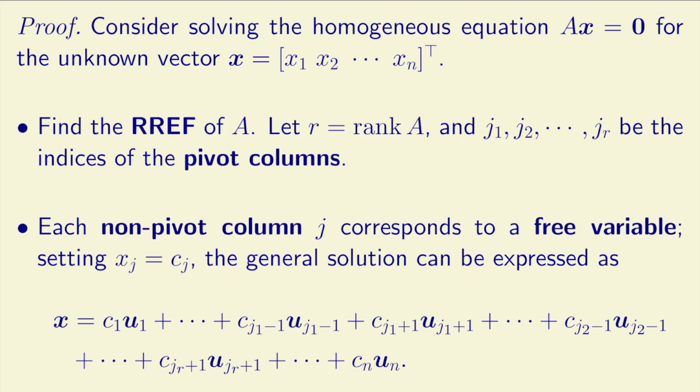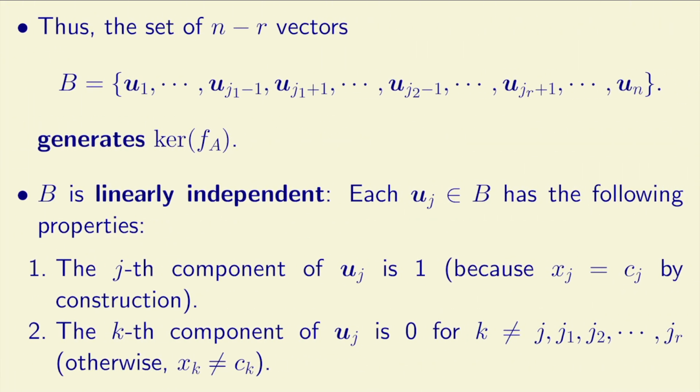Ah, I think I see. So the general solution is now written as a vector where each component is an expression involving the parameters. Exactly. And we can then pull out those parameters to get a linear combination of vectors. The vectors that remain, one for each free variable, form a basis for the solution space. These vectors are special because of their structure.